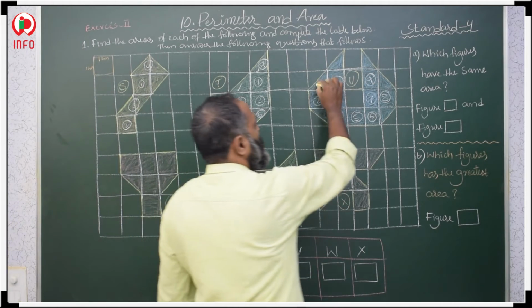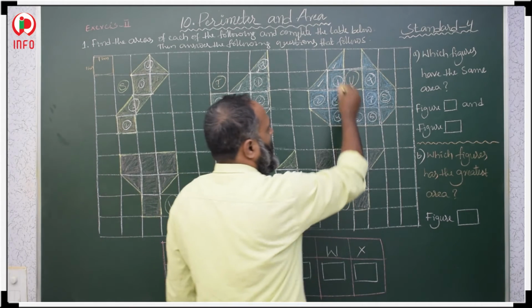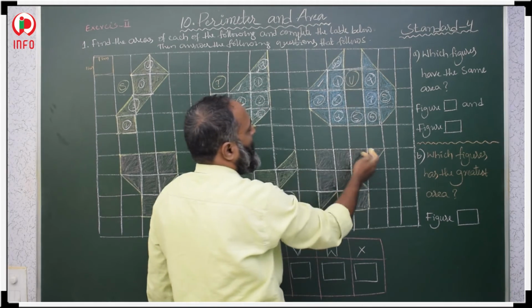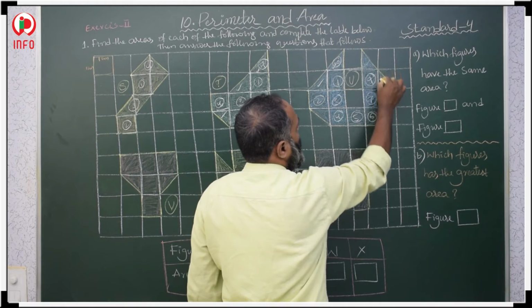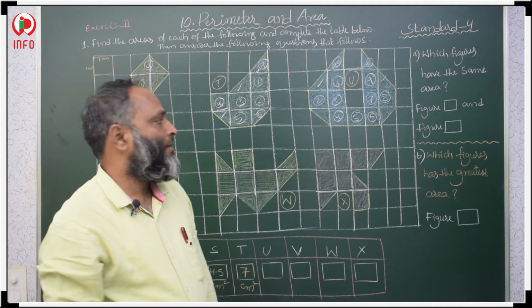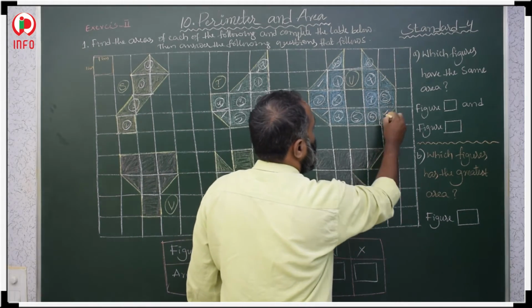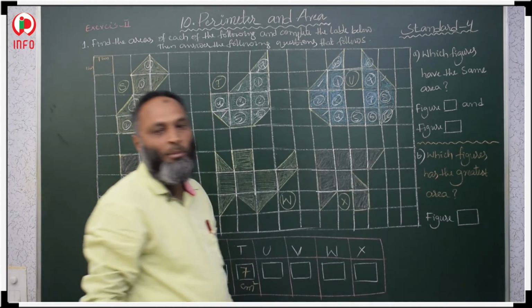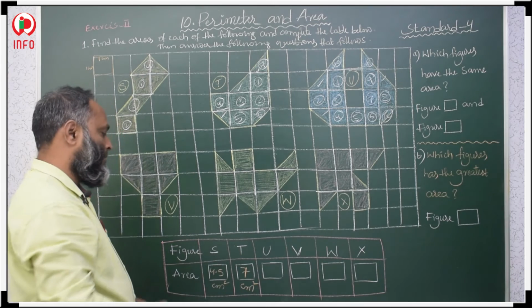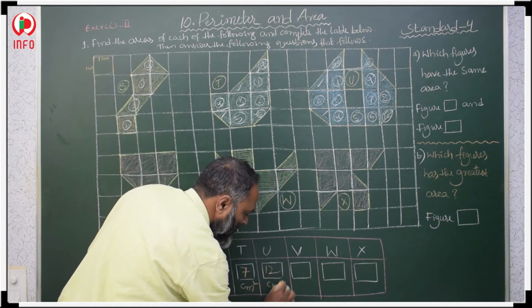Here we have half square, half plus half is a full square, that is the 10th square. Here half and half, this is the 11th square. These two halves make 1, that is the 11th square. Then here half and here half, so that is the full 12th square. Total how many squares? 12 squares. 12 centimeter square.